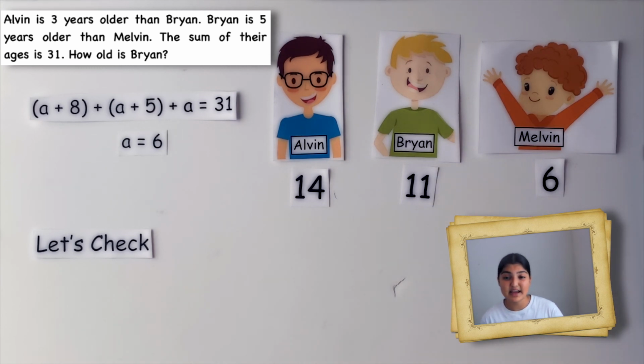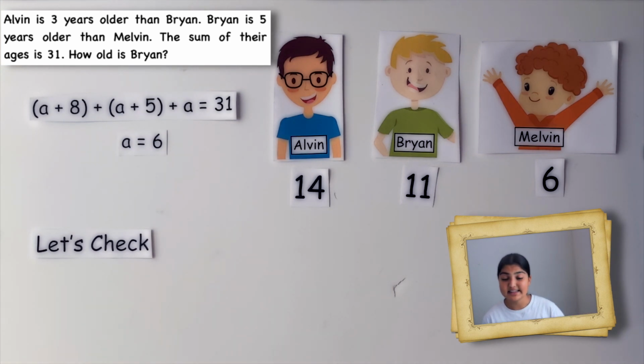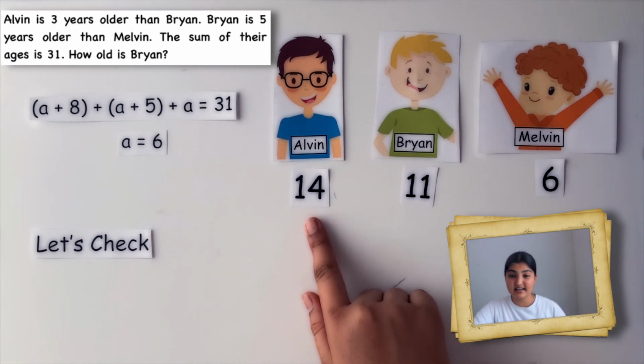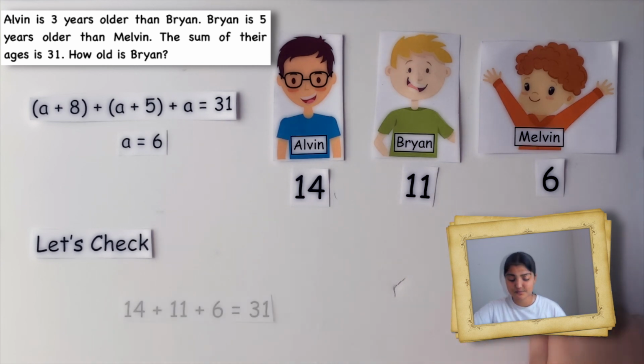But to make sure that we have the correct answer, we can add all of their ages and we should get 31, which is what the problem tells us. So, let's add 14 plus 11 plus 6. And this gives us a sum of 31. So, our answer is correct.